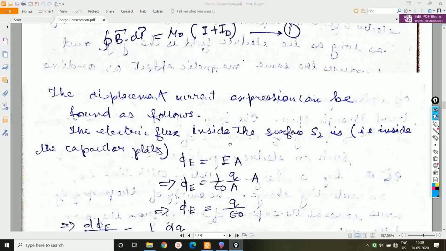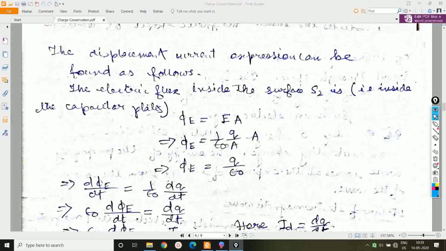We can have an expression for displacement current also. Remember that the electric flux through the surface S2, ultimately inside the capacitor plates, can be written as electric field and area. A is the area of the capacitor plates, E is the electric field inside the capacitor plates. This expression comes from class 12, so we are not illustrating it here. Electric flux phi equals E into A.